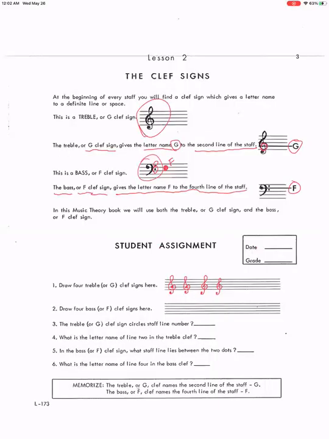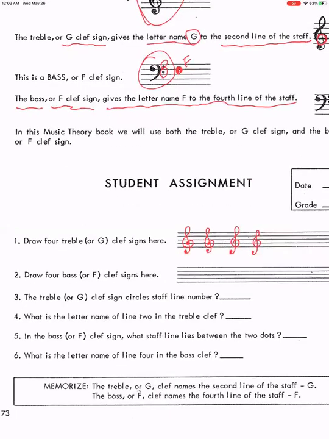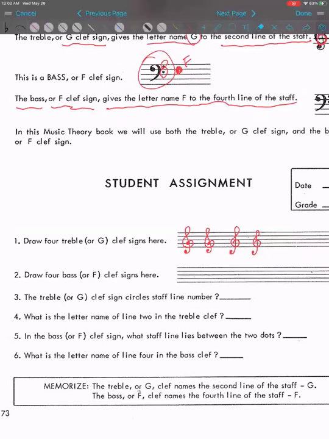Now, number 2, draw 4 bass or F clef signs here. We'll start from the 4th line and make sure we don't go too fast, too far, or too low. It needs to start from the 4th line. So the way we do it is starting from the F line, going to the right, not too far, too tall, and then we turn around, and you don't have to go below the 1st line.